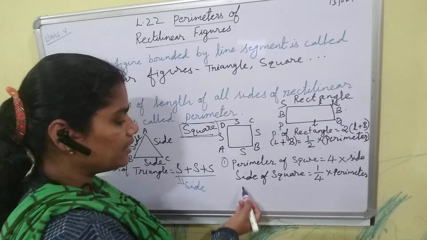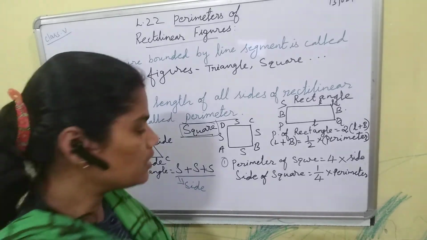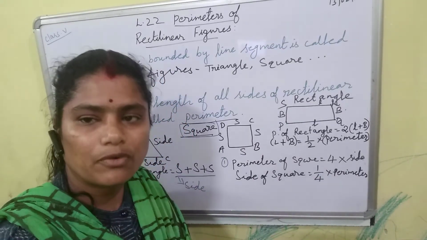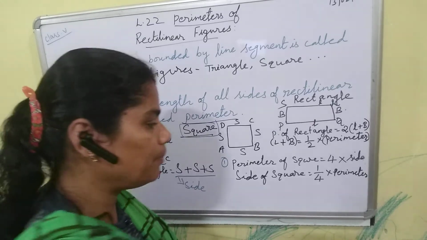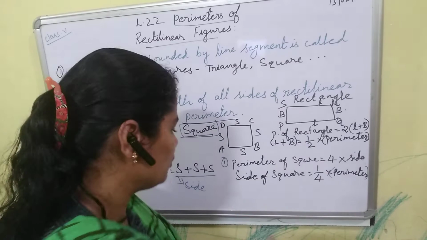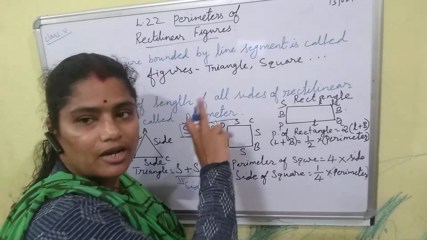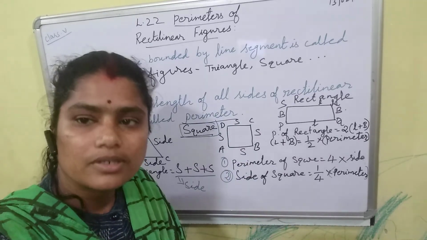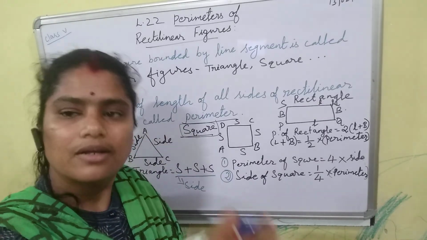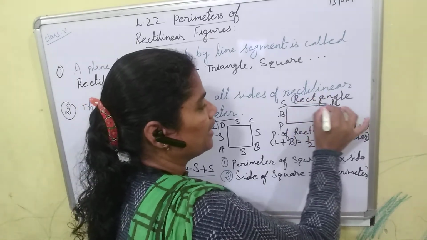Then the side of the square: if you have the perimeter and want to find the side, the side of the square is equal to 1/4 multiply perimeter, because all 4 sides are equal. That is 2 formulas. The next topic is rectangle.